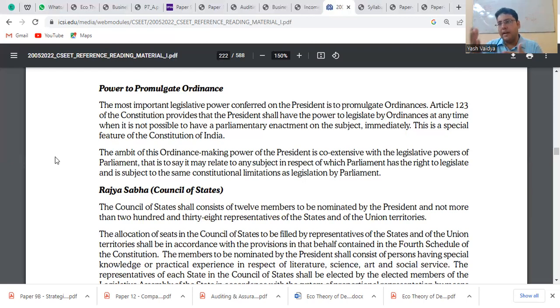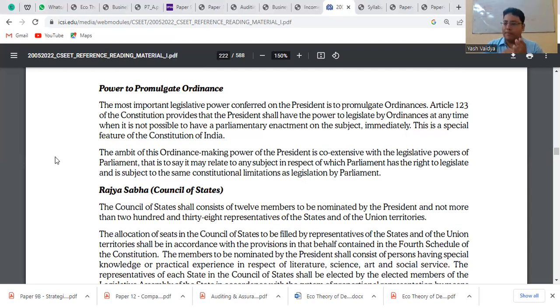It is not tabled. It was not presented as a bill before the Parliament. So this is a backdoor way of doing things. But the Constitution says this is a temporary way.